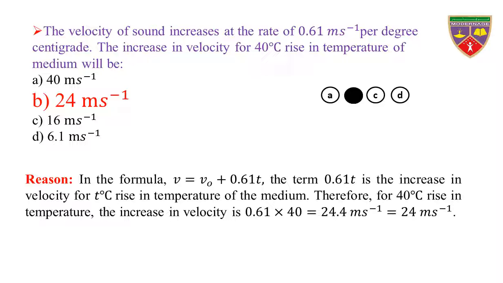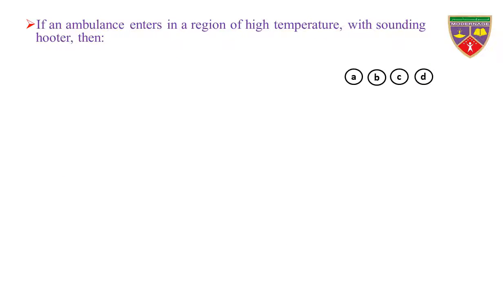Therefore, for a 40 degree centigrade rise in temperature, the increase in velocity is 0.61 into 40, which is 24.4 meters per second. Rounding the figure, it is equal to 24 meters per second. Hence, the increase in the velocity is 24 meters per second.